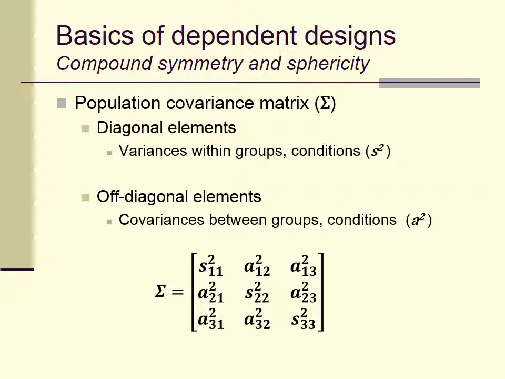And on the off diagonal, we have the covariance, which I've just indicated with the letter alpha here, just because it fit easier than writing cove or covariance. The covariance of condition 1 and condition 2, condition 1 and condition 3, and condition 2 and condition 3. And obviously the matrix has a kind of a reflective symmetry across the diagonal. The numbers above the diagonal are reflecting the numbers below the diagonal.